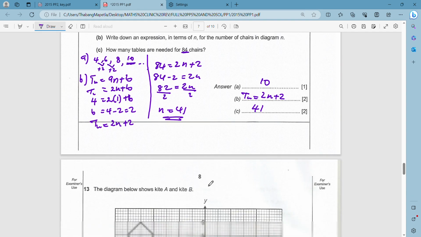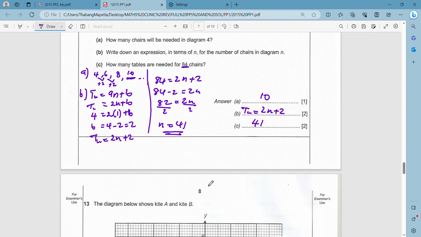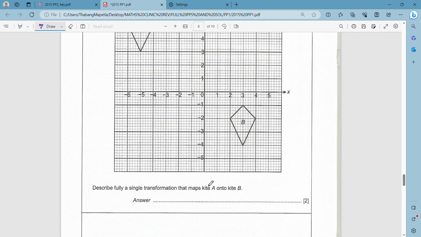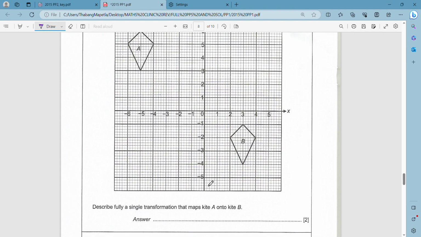So let's pause. Transformation. The diagram below shows shapes A and B. It says describe fully the single transformation that maps A onto B. So I'm looking at these 2 diagrams. They are facing the same direction. This is the same shape, but it has been moved to a certain position.